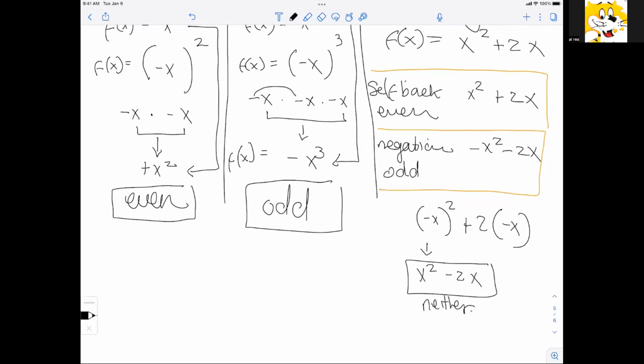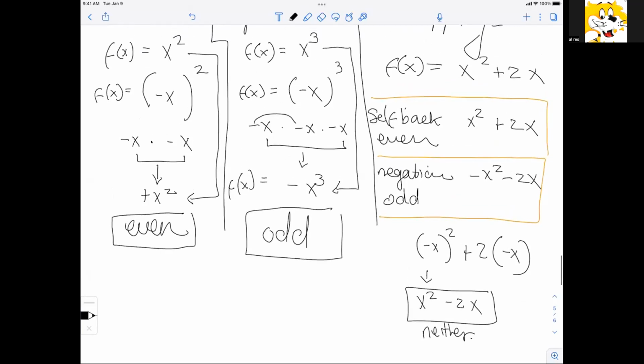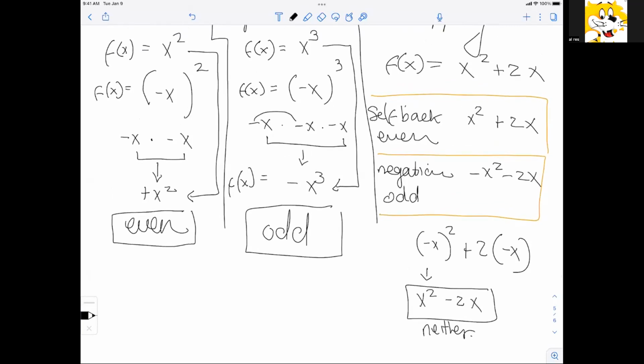By replacing the x's with negative x's and testing it out, if I didn't get myself back, then I'm not even. If I didn't get the negation of the equation, then I'm not odd. I got something totally different, so I'm neither.